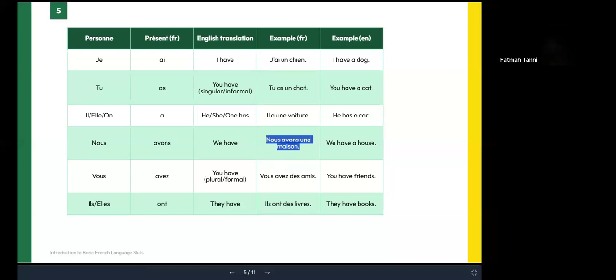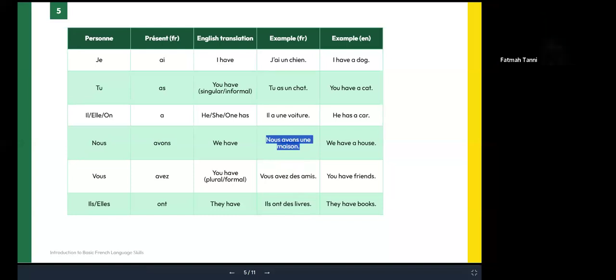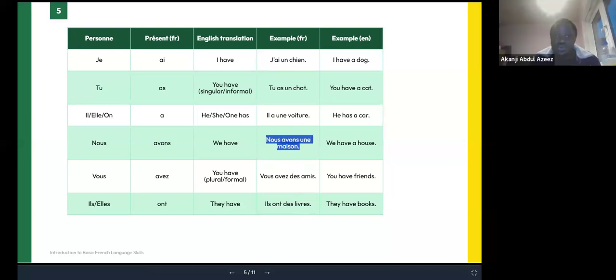Come to the example I put in: nous avons une maison. We have a house. So nous is we. Because we use we, the verb has also changed to plural in French.